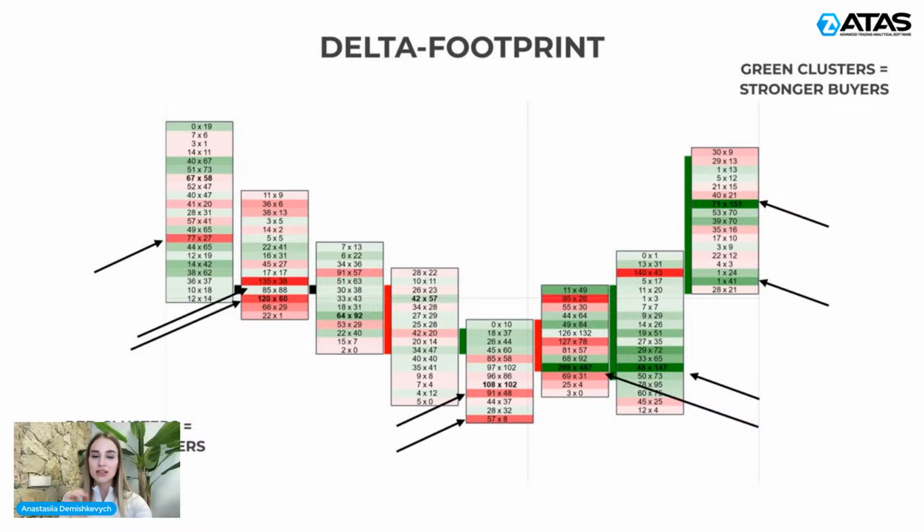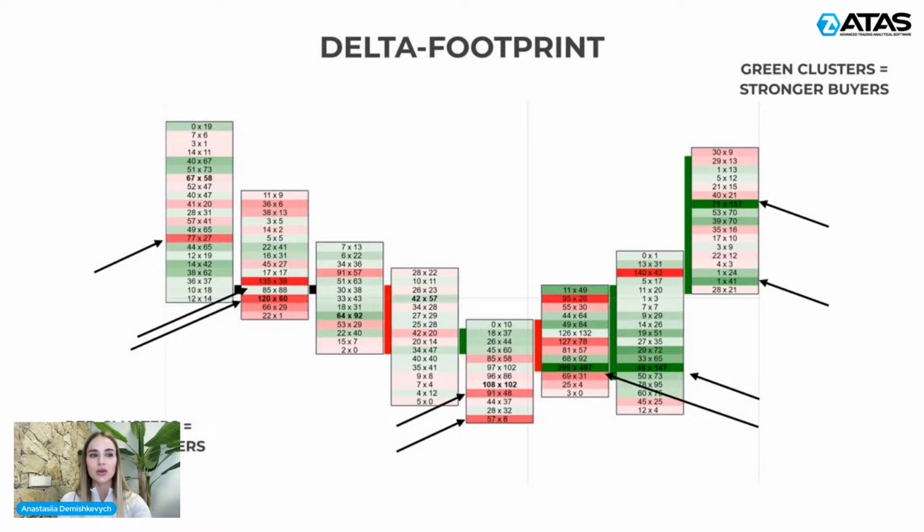Sometimes you will spot anomalies, for example, when the delta is positive, meaning there were more market buys, but the price is falling. You will also see situations when delta is sharply negative, and you can see the bright red cells, but the price is still rising.